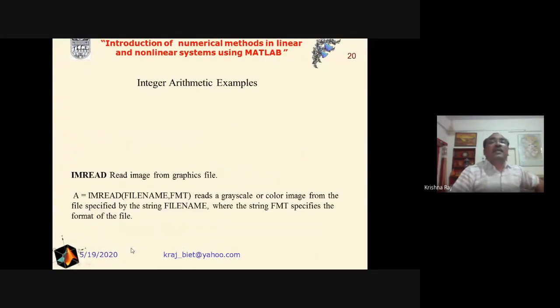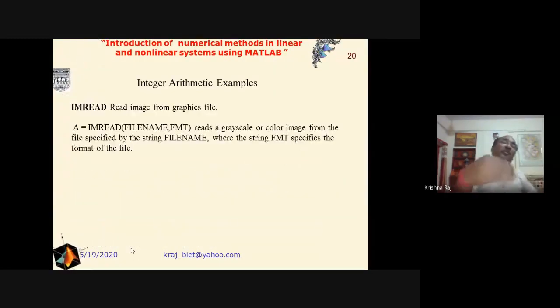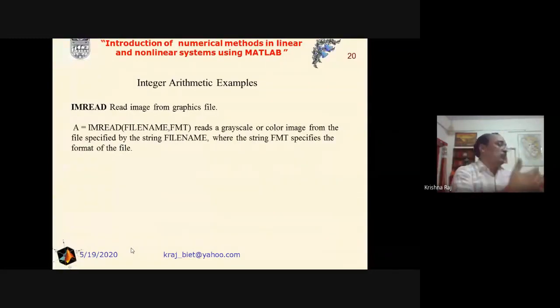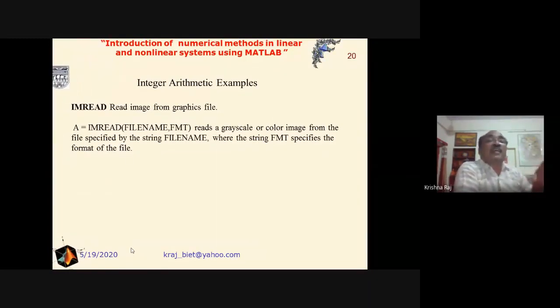Now, integer arithmetic. Suppose we are interested in processing some information. These are all related to some numbers. Now, suppose we are interested in processing some information, not in text form, but in image form. Then first of all, that information has to be converted into matrix form.